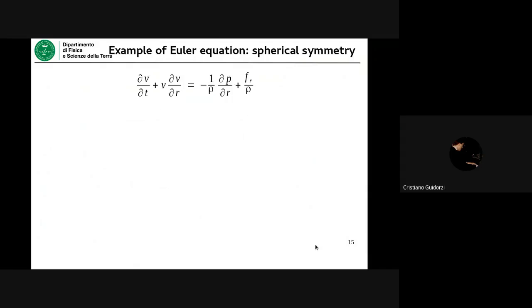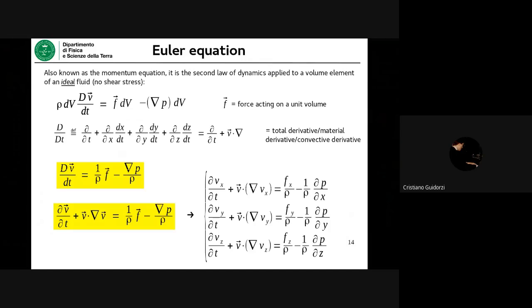So moving on, let's consider some interesting cases. For example, the case of spherical symmetry. If you write this equation in the case of spherical symmetry, it means that V is a function which only depends on r.